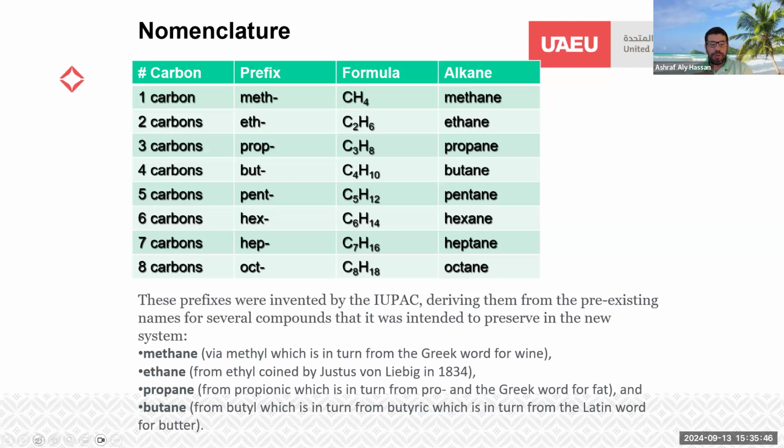Butane comes from butyl, which in turn is from butyric. That's the Latin word for butter, so that smells like butter. So you can see that chemistry was actually named after the smells of foods rather than the foods being named after the chemical compounds.